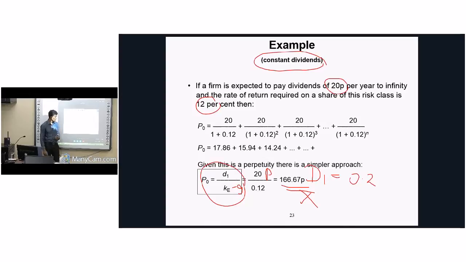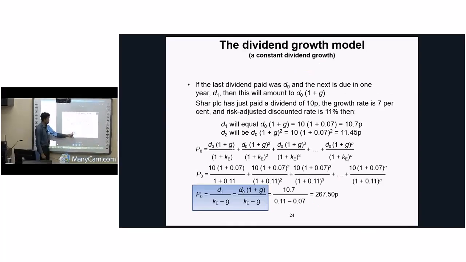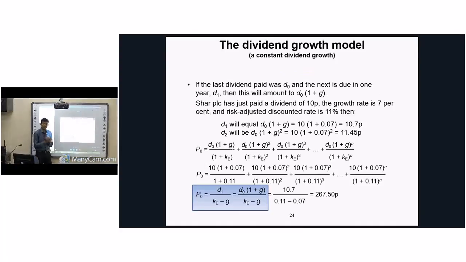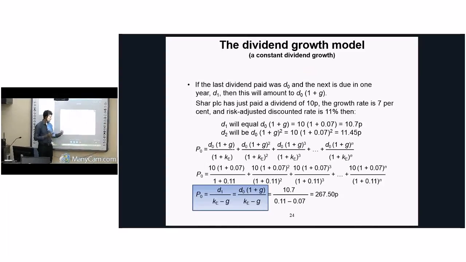So, in other words, it will be D0(1 plus G), where D1 means dividends in 1 year's time and D0 means today. D0(1 plus G) is, in other words, D1. So, Ke minus G is a mathematical formula.